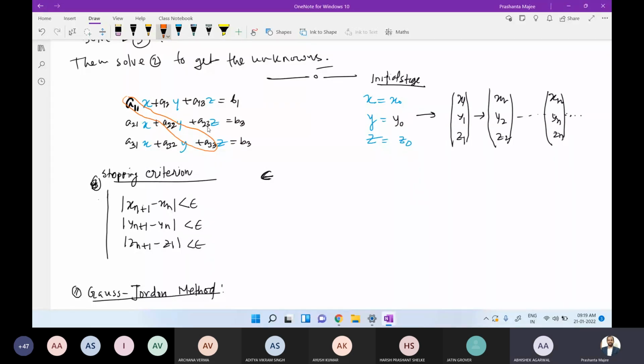That will be changed. For example, if this is the system of equations, 4x1 plus x2 plus x3 equals to, let's say, 10.